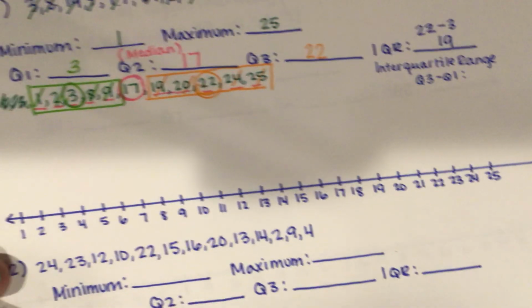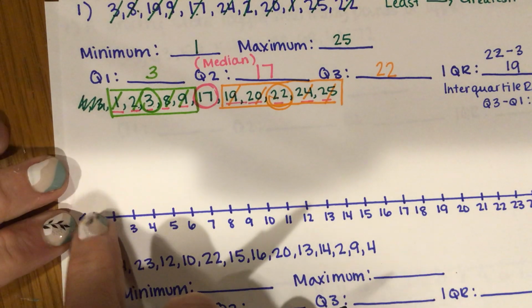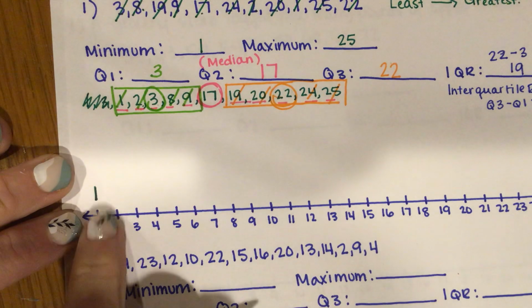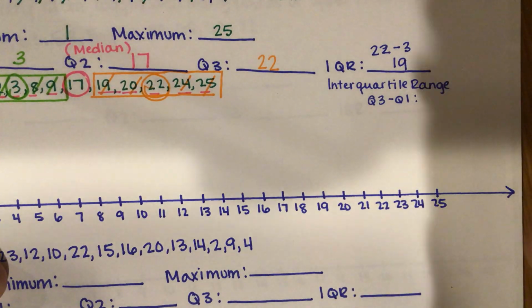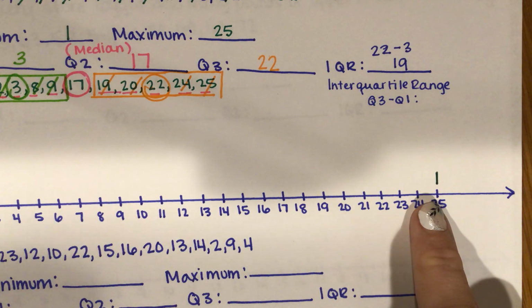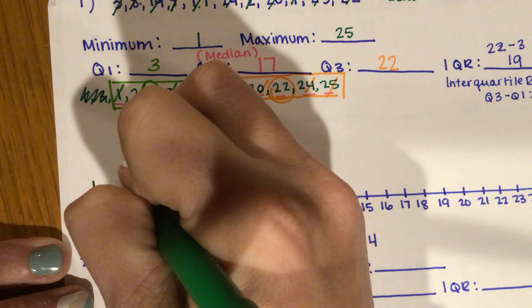Now what I'm going to do is graph all these points. So my minimum value was 1. I'm going to put a vertical line above the number 1. My maximum value was 25, so above the 25, I'm going to also have a vertical line. Q1 is 3.